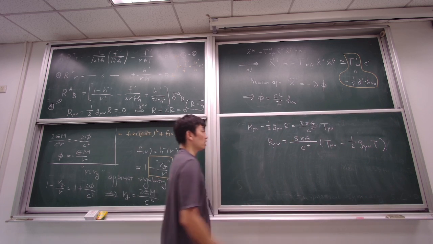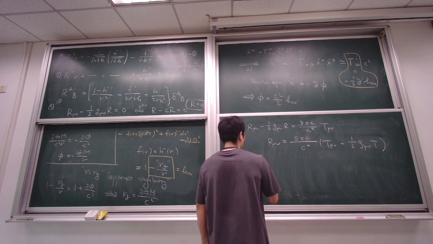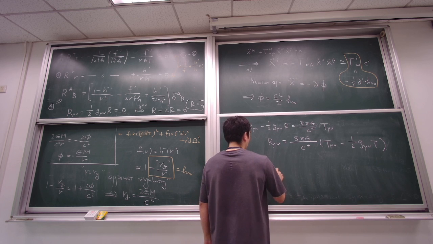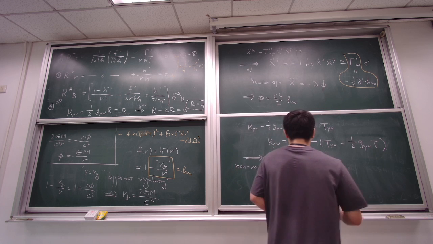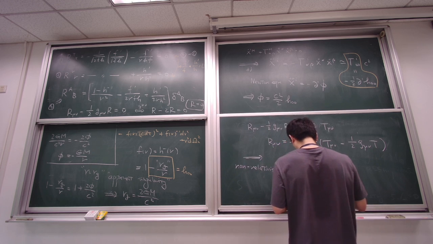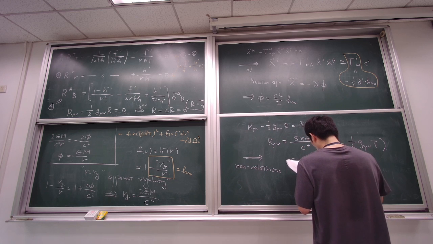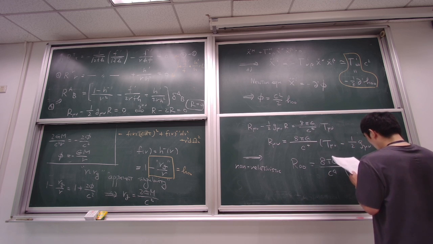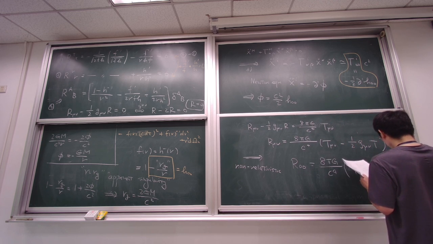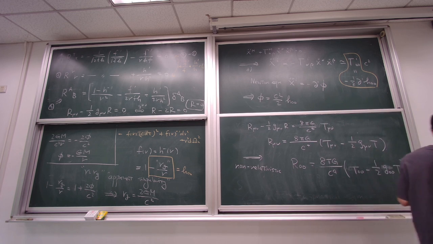And if you take the non-relativistic limit, or Newtonian limit, whichever you call it, then we only care about the 0,0 component, and the 8 pi G is equal to C to the 4 T00 minus 1/2 G00 and T. So this is the 0,0 component.